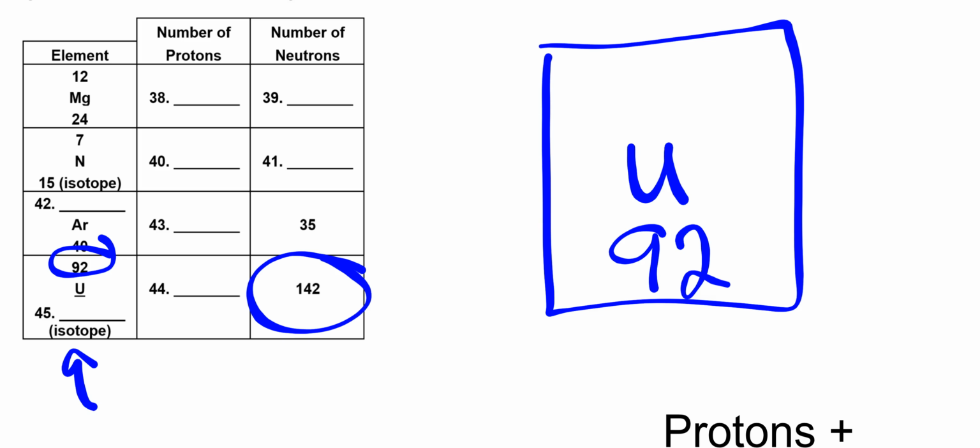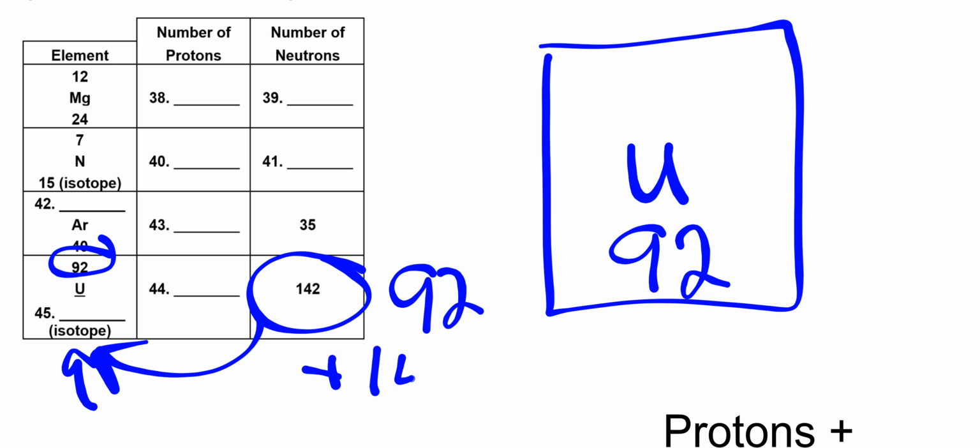That doesn't tell us the total mass. The total mass will be the 92 plus 142, the two numbers. So this number should be the same, 92. And then 234 maybe. If I did that wrong, it's hard to do math under pressure.